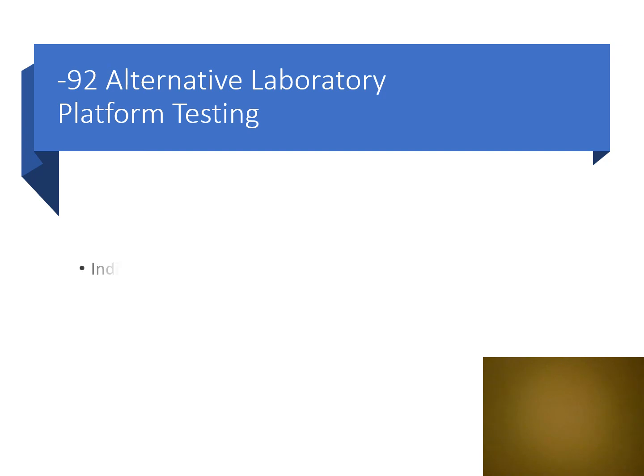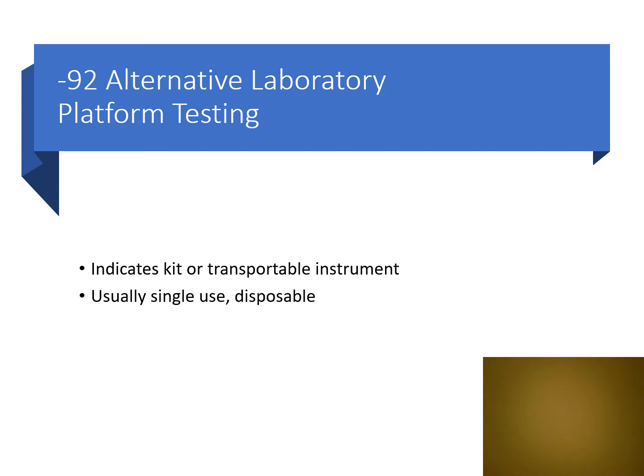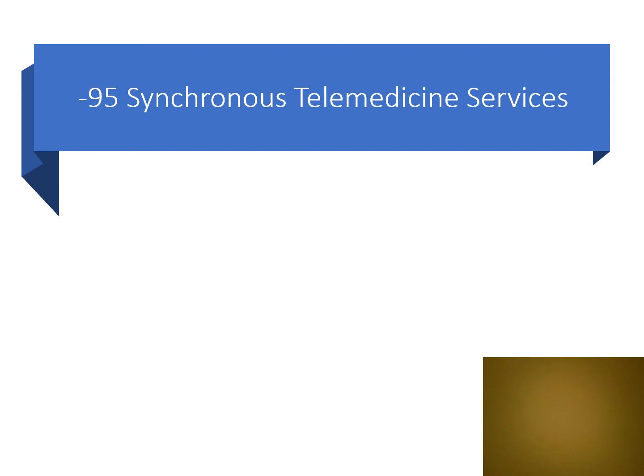92: alternative laboratory platform testing indicates a kit or transportable instrument, usually a single-dose disposable. An example is an HIV test kit. I guess now it's a coronavirus test kit. 95: synchronous telemedicine services.